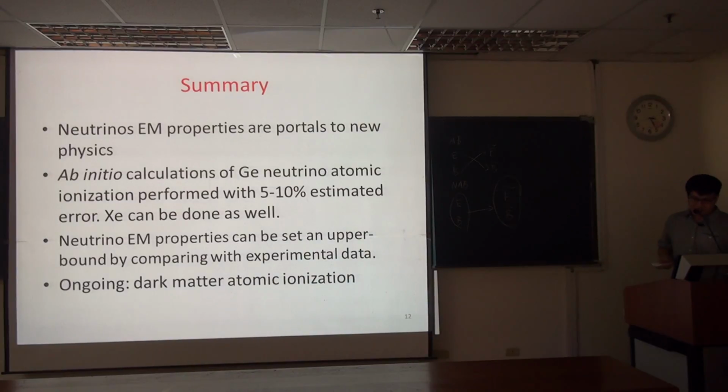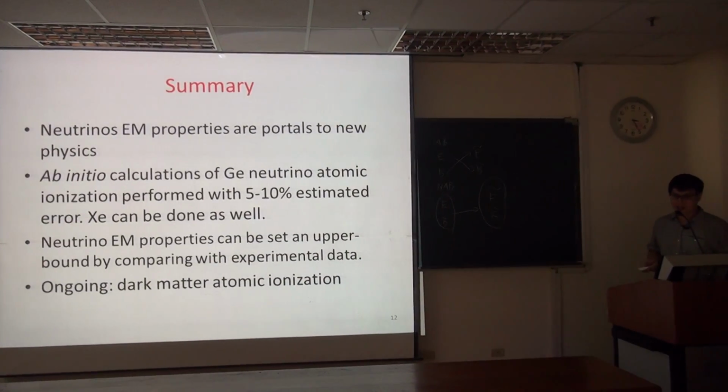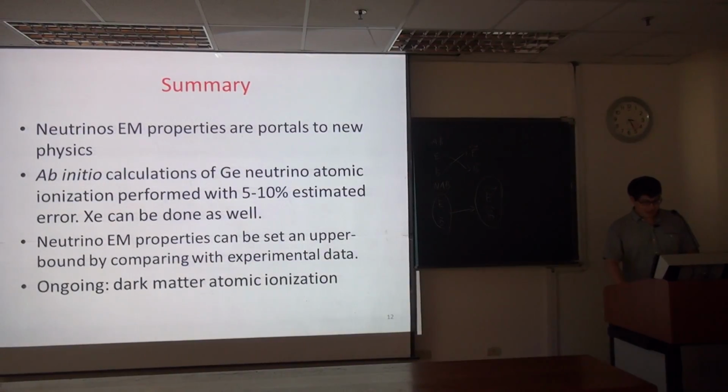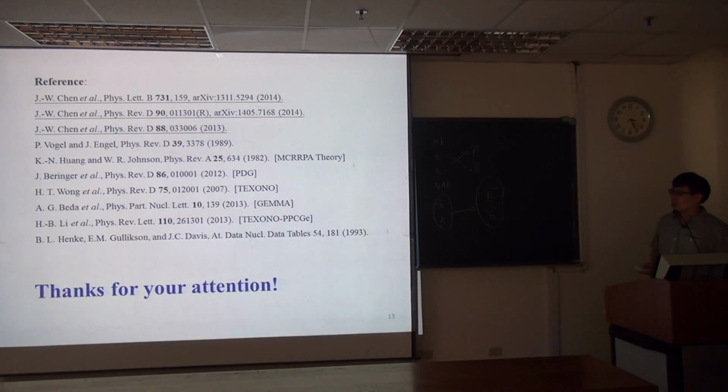So this result can set an upper bound by comparing with experimental data. And in our ongoing project, we are trying to do dark matter atomic ionization, trying to provide a theoretical input for dark matter direct detection. Okay, here are my references, and thanks for your attention.